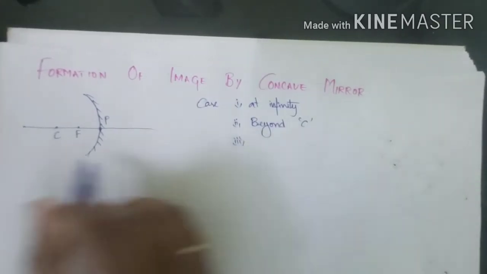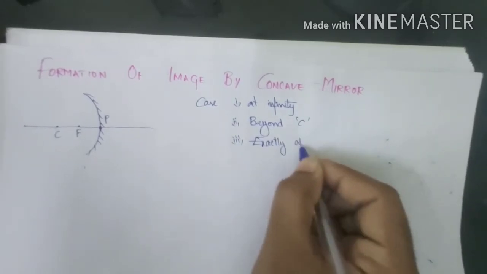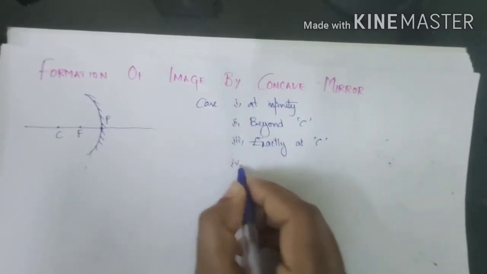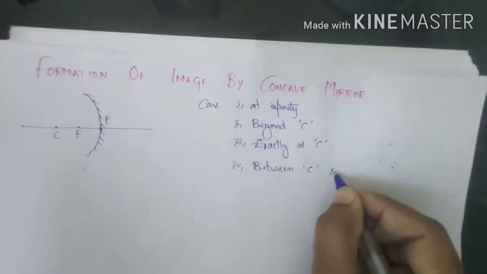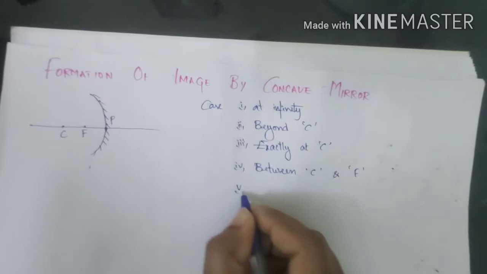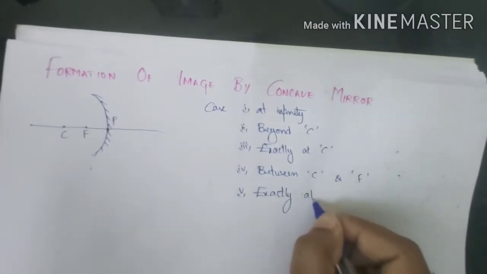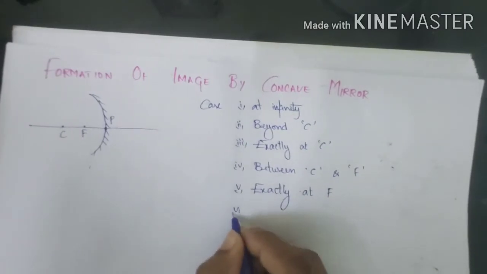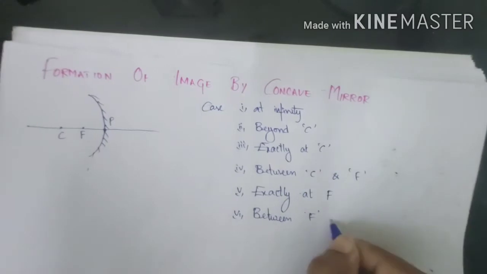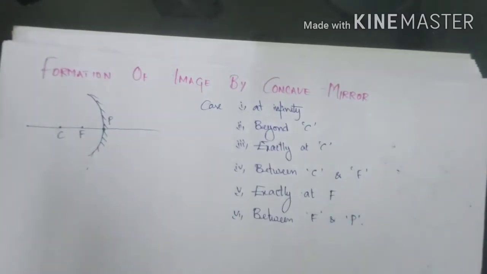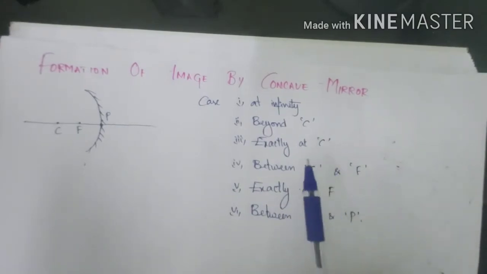Third one is when the object is exactly at C. Fourth one, between C and F. Fifth one, exactly at F. Sixth one, between F and P.